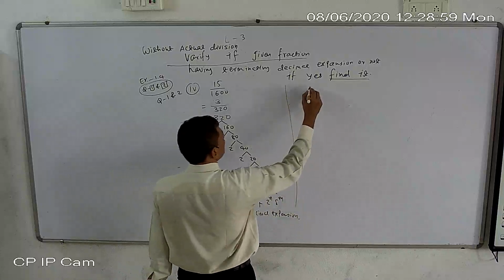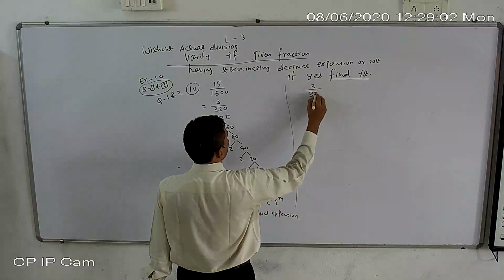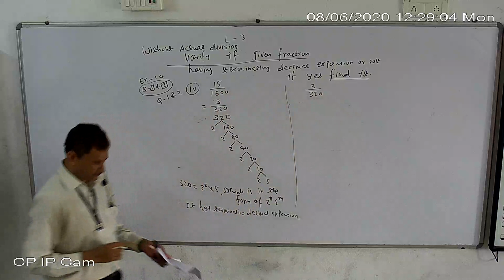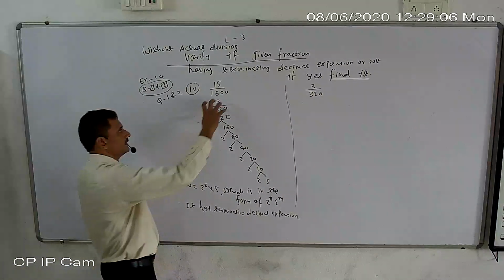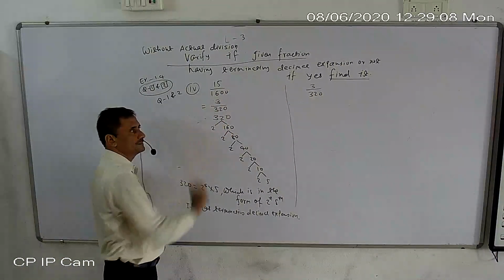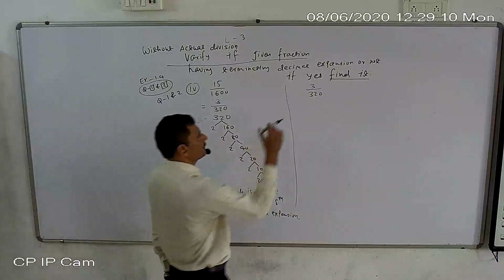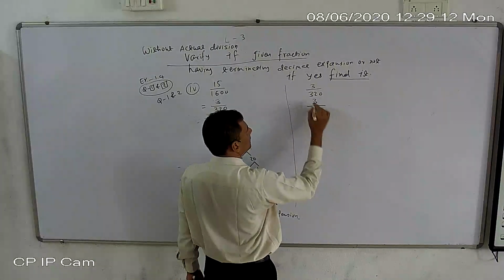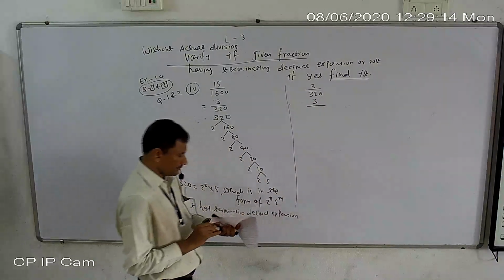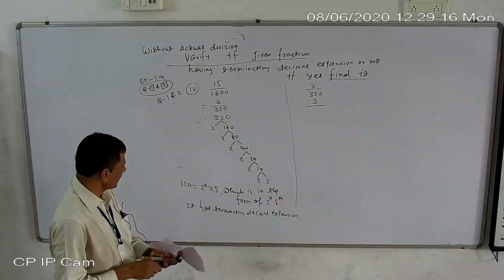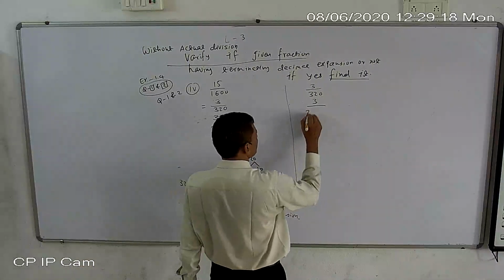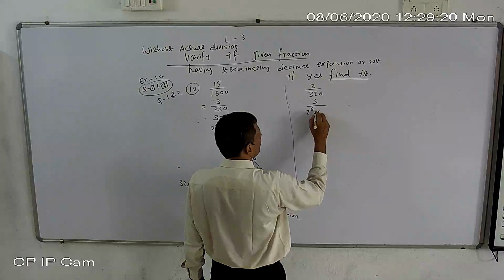So write down 3 upon 320. Don't write this one. Now we concentrate, that is our question, not this. Now write the exponential form of the denominator. So instead of 320, I will write 2 raised to 6 into 5.